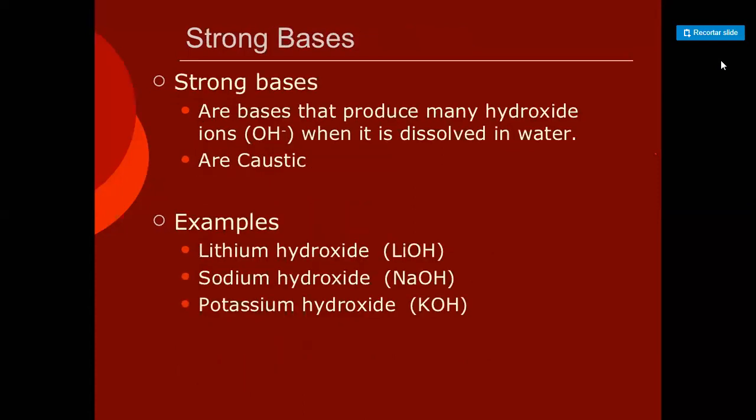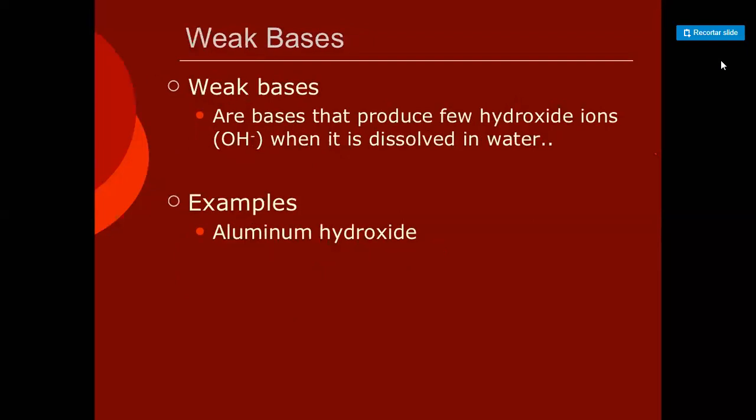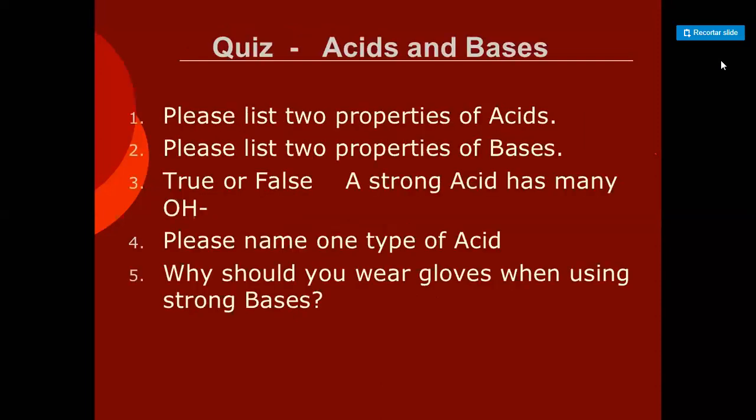Strong bases are bases that produce many hydroxide ions, over 90% in solution. They are caustic. Examples: lithium hydroxide, sodium hydroxide, and potassium hydroxide. Weak bases are bases that produce few hydroxide ions when dissolved in water. Aluminium hydroxide, another example is calcium hydroxide.